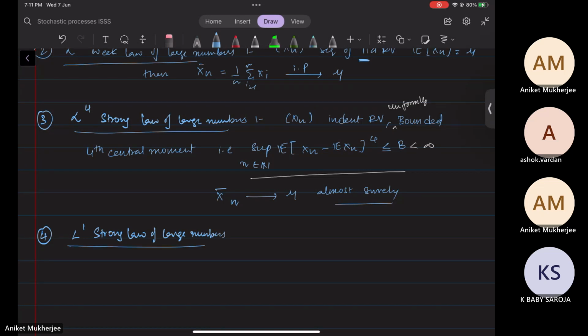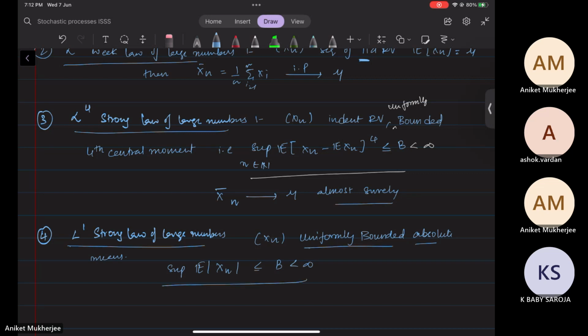If you have a sequence Xn with uniformly bounded absolute means, that is, supremum of expectation of mod Xn is less than B, which is less than infinity, the same uniform boundedness, then Xn converges to mu almost surely.